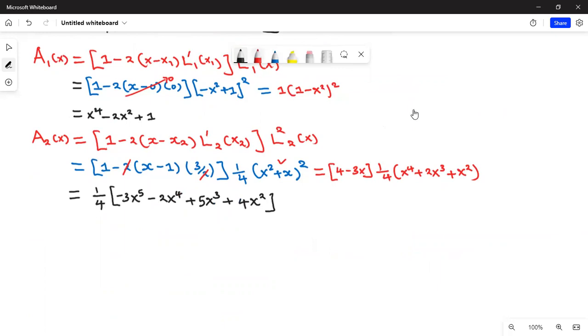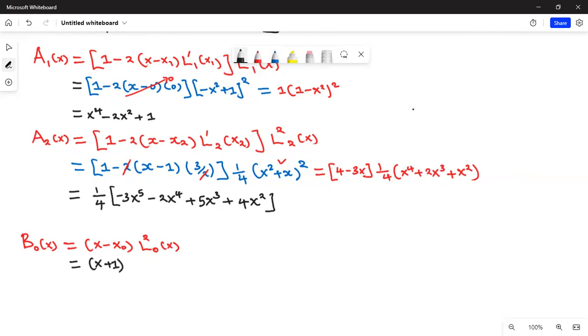Let me write it here. We start with b naught of x. From that definition, it is the same as x minus x naught, L naught of x, squared. So this will give us, our x naught is -1, so that will be x plus 1.